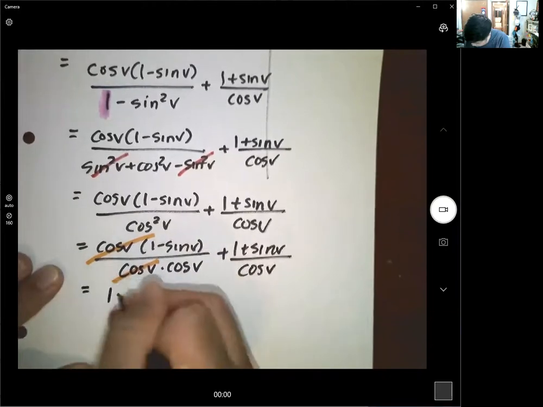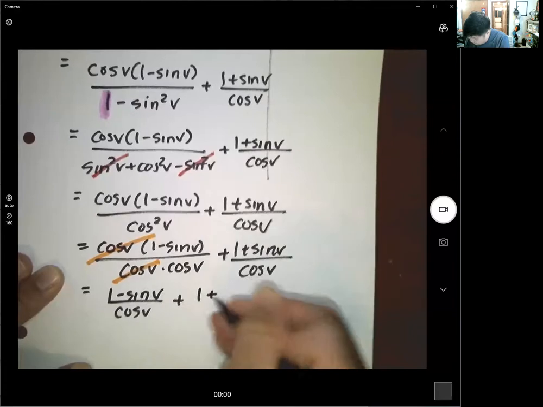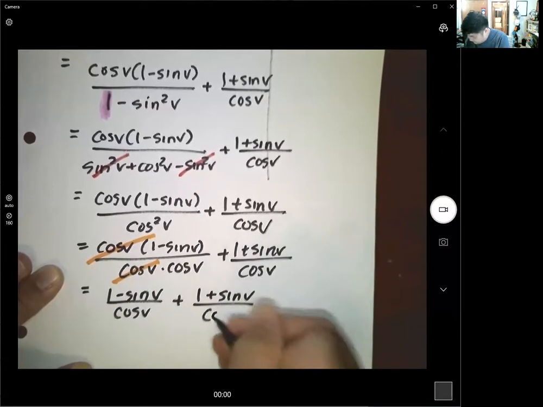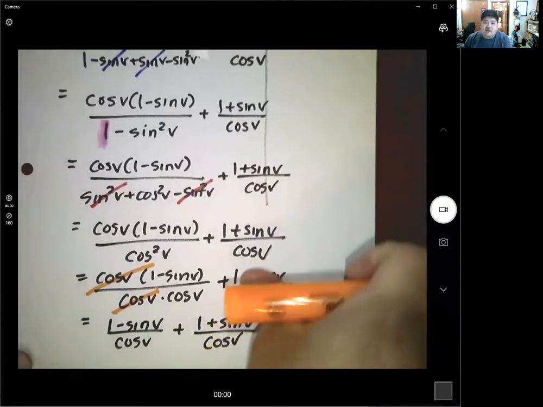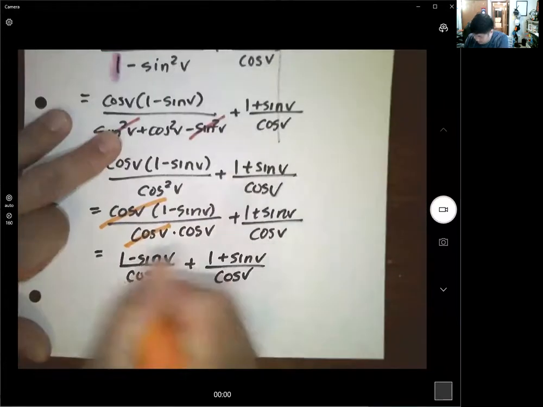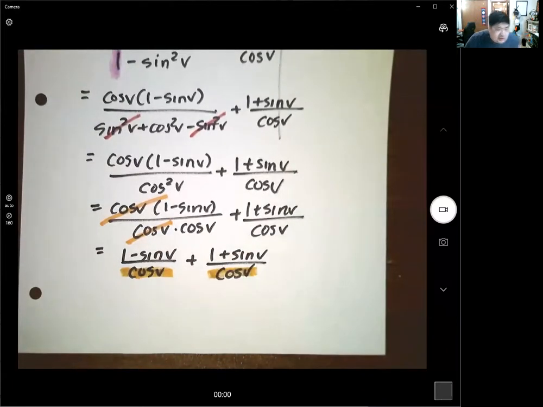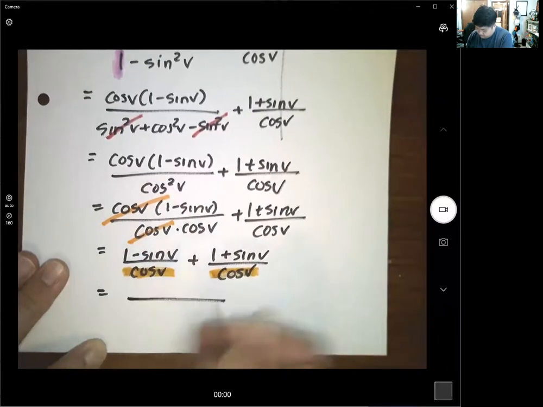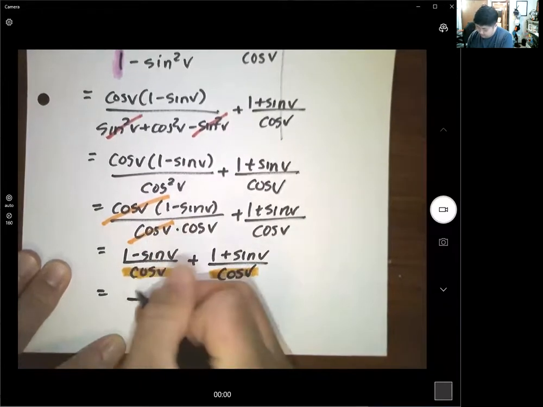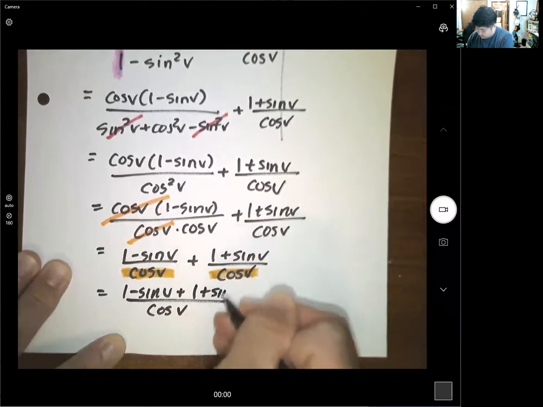So I'm left with 1 minus sine of v over cosine of v plus 1 plus sine of v over cosine of v. But the great news about the way that I decided to do this problem is that both fractions here, or both the rational expressions here, have the same denominator of cosine of v. So I'm going to just add these together now. 1 minus sine of v plus 1 plus sine of v.